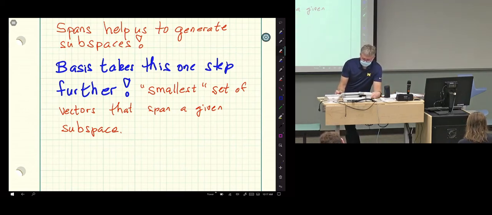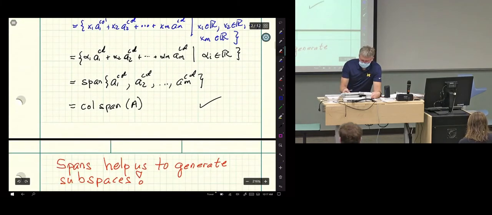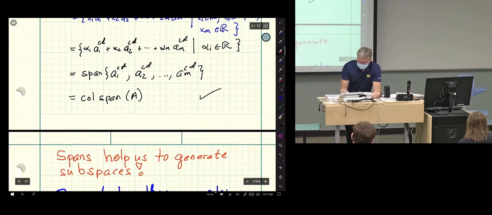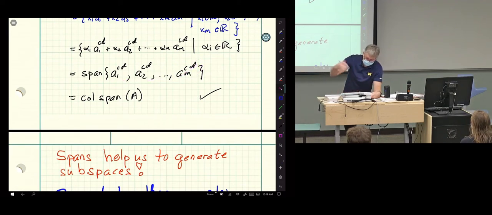The smallest set. And we'll just go back to column span, and really one of the questions that was asked is, do you just use some of the columns of A or all of the columns of A? Well, if this column were a linear combination of the previous ones, we could just throw it away and generate the same span with a smaller set.